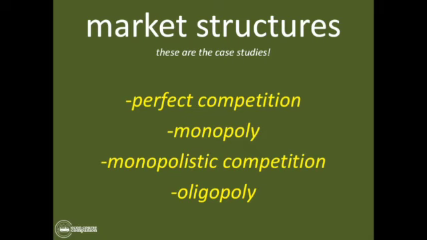All right, so what are they? Well, they're perfect competition, monopoly, monopolistic competition, and oligopoly. These 4 market structures are what exists in the marketplace that we are going to apply the production, costs, revenues, and profit model that all firms do.